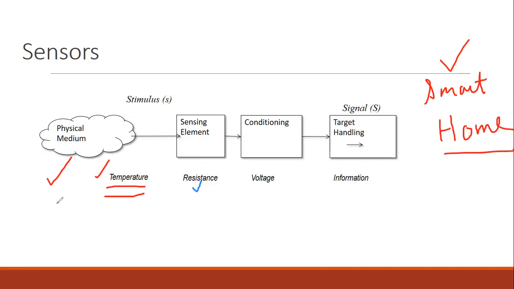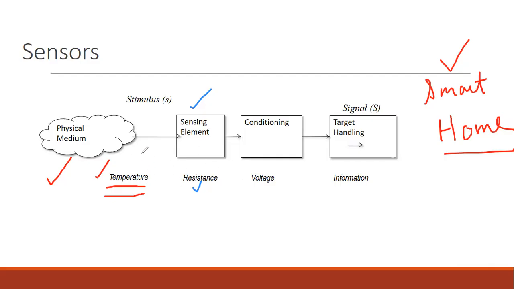So, if the temperature of the room is increased, the resistance of this sensing element will decrease or increase. It depends on the type of sensing element you have chosen. If you have selected a thermistor, then if you increase the temperature, the resistance of the thermistor will decrease.